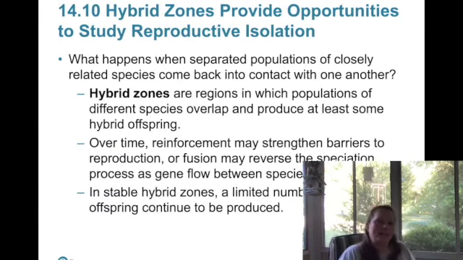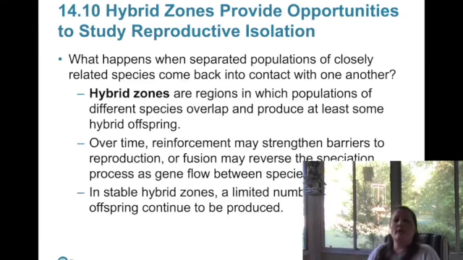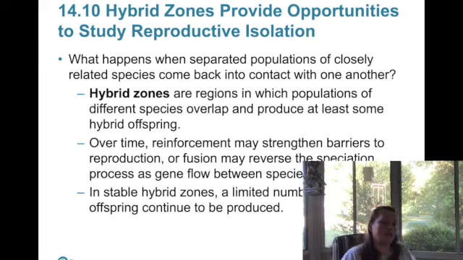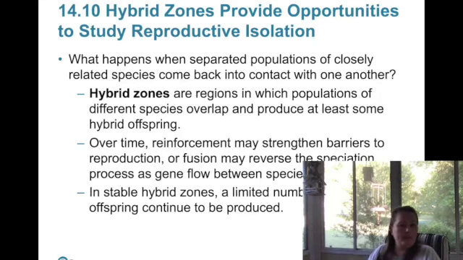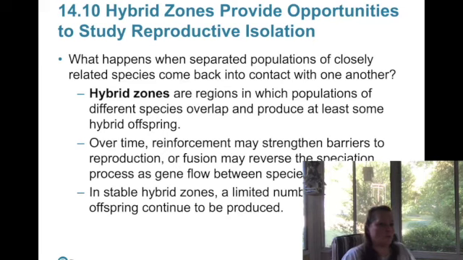Okay, now we're going to get to hybrid zones. So what happens when separated populations of closely related species come back into contact with one another? Well, this is where we have hybrid zones. And I think there's one of these in the speciation lab as well.